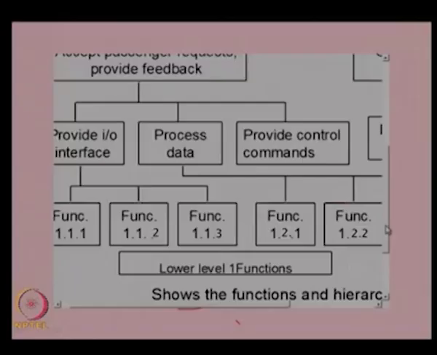Provide input output interface can be divided into sub functions, process data can be divided into sub functions, control commands can be divided into sub functions, till we reach the lower level function.